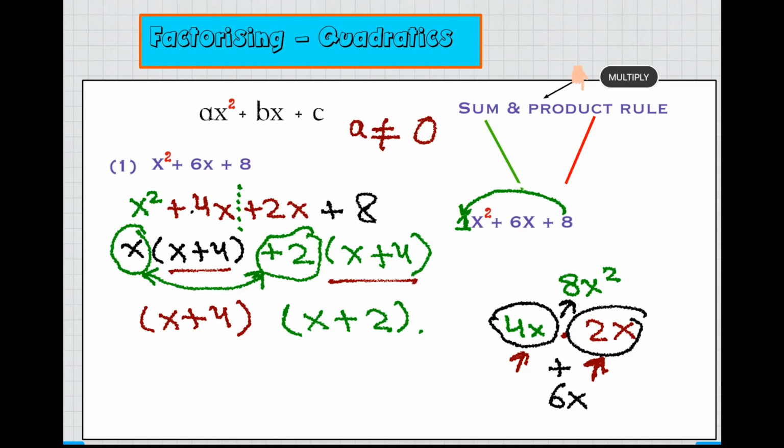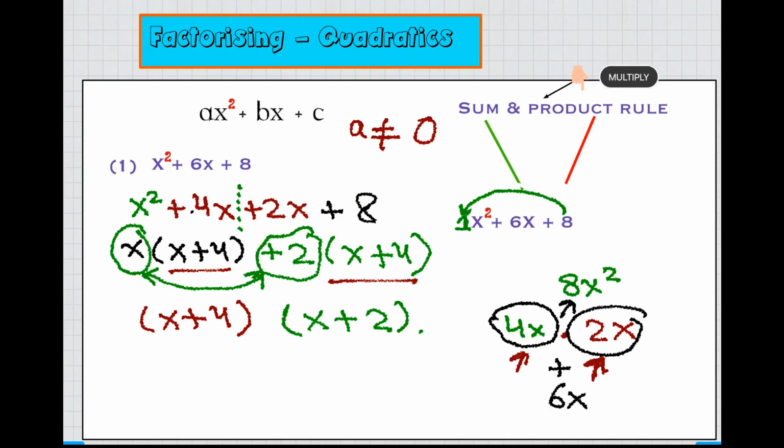When we times it, it should give us 8x square, and when we add or subtract the same numbers, should give us this middle number 6x. Then please, after that, replace 6x with these two numbers and terms, 4x plus 2x plus 8.